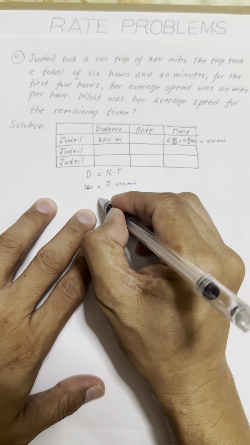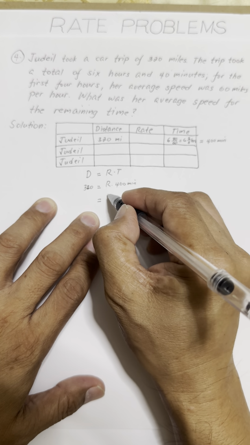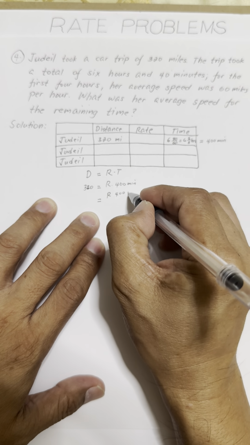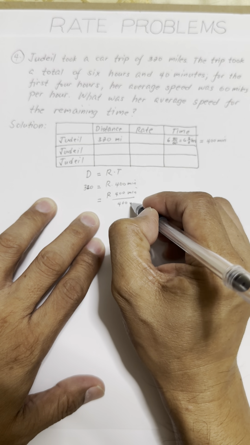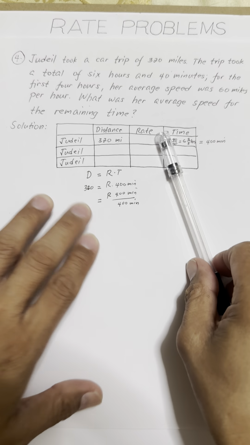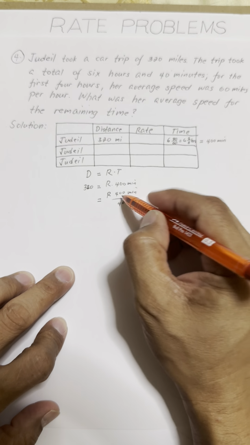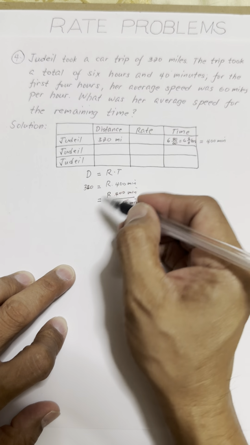So let's divide both sides by 400 minutes. So R times 400 minutes, divided by 400 minutes. We have minutes at the numerator, minutes at the denominator. Then 400 divided by 400 is equal to 1. So only R left in our right side.